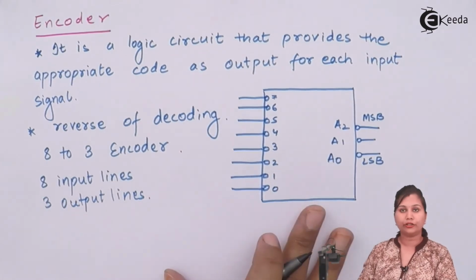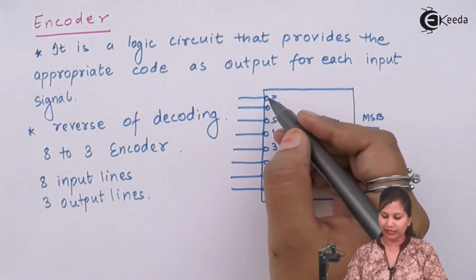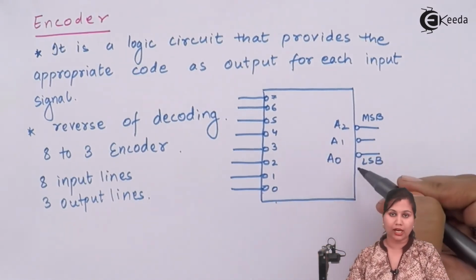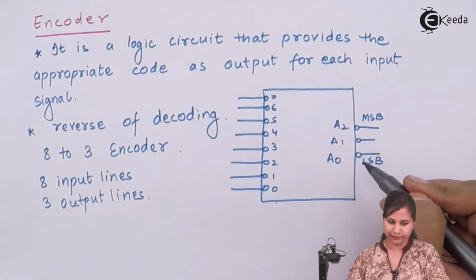So this is an 8 to 3 encoder, which has 8 input lines that are active low, and 3 output lines which are also active low.